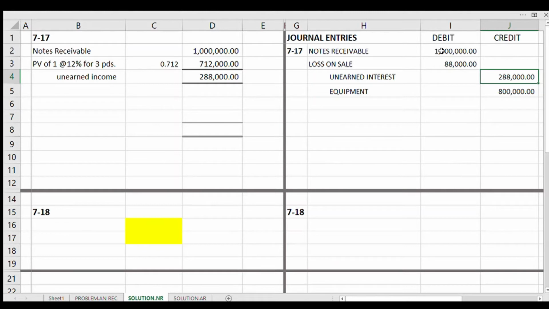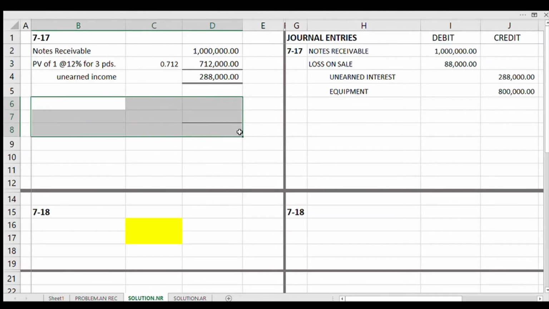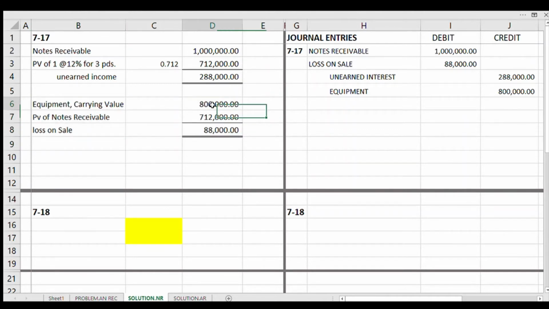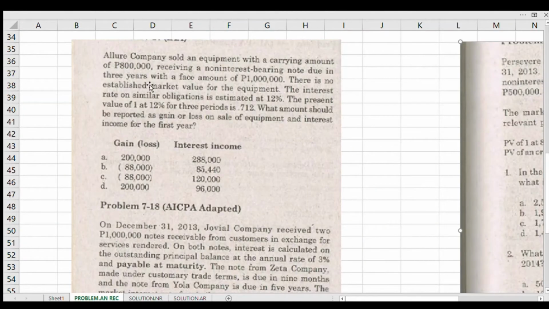And if we compare it versus the face amount of the note receivable, there is a loss on sale. The difference between the carrying amount of the equipment and the proceeds, or the present value of the transaction, is recognized as a loss, as what we have here in the computation. So yes, the carrying amount of the equipment will be 800,000 because it is stated in the problem, 800,000.